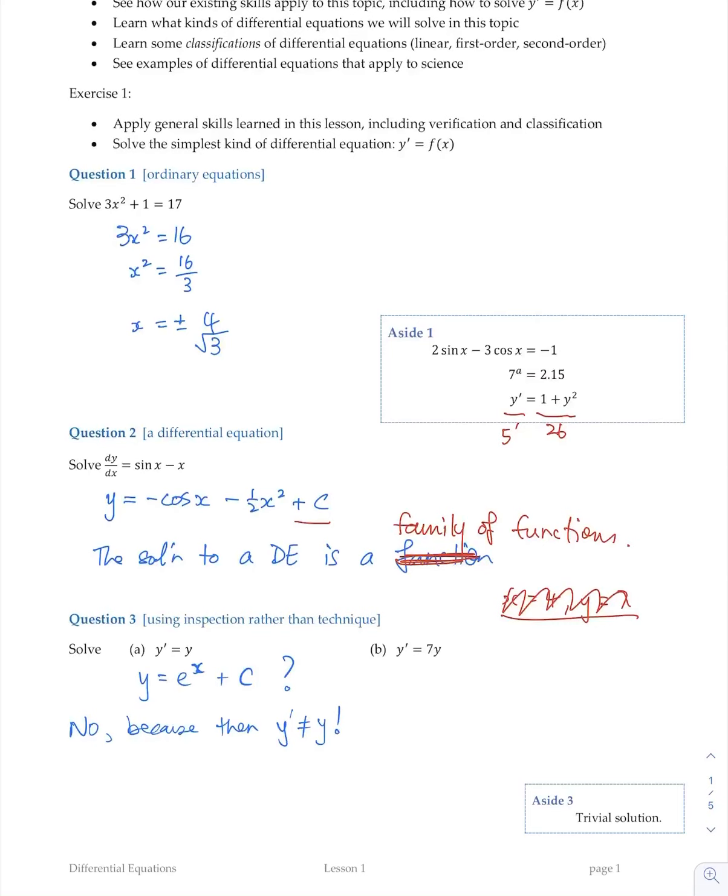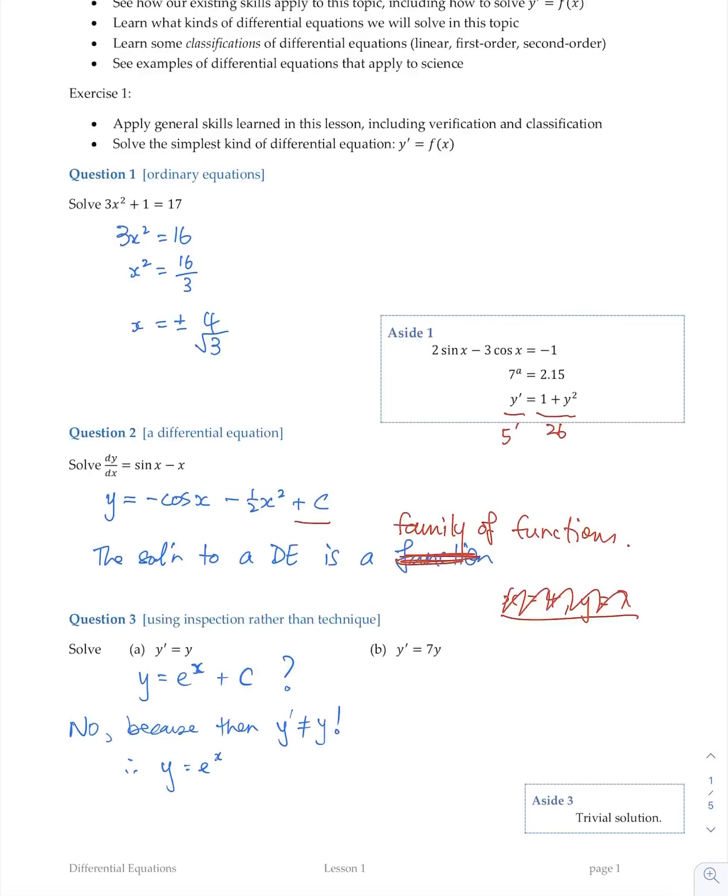If y equals e to the x plus c, then y dash equals e to the x, but that's not equal to e to the x plus c. Okay, so we can't do the plus c. So I'll say therefore y equals e to the x.